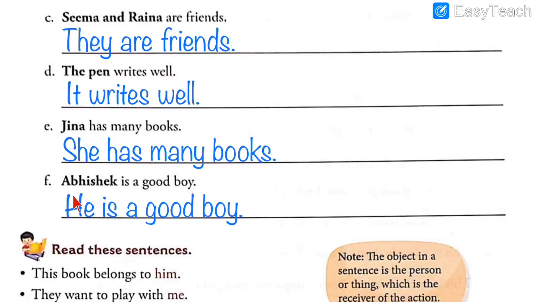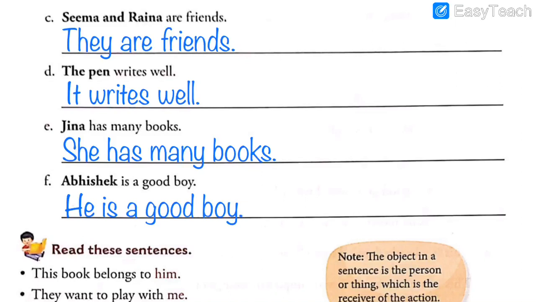So here is the answer I have written. He is a good boy. Instead of Abhishek, I have written he. I have changed the noun Abhishek with the pronoun he because it's the name of a boy, so we use he. In the previous one, Gina was the name of a girl, so we used she. So all these are the subject pronouns that we have learnt and practiced in exercise 1 and exercise number 2.